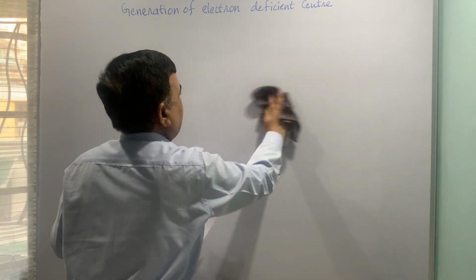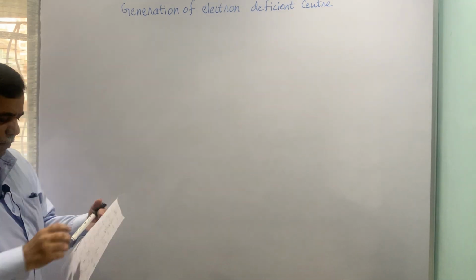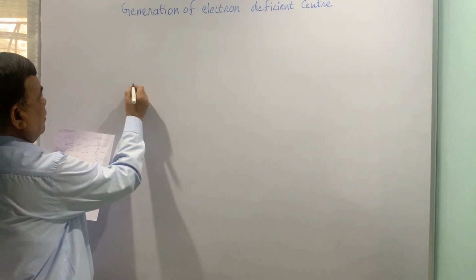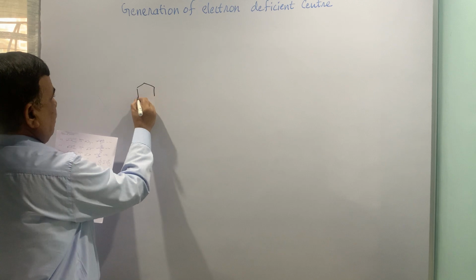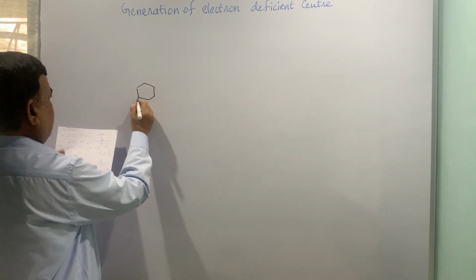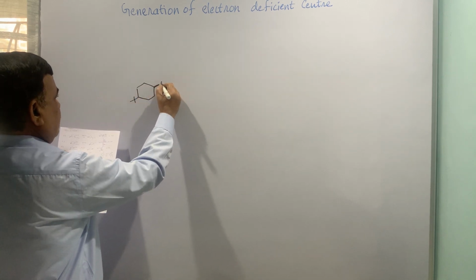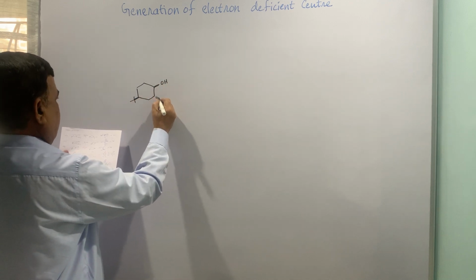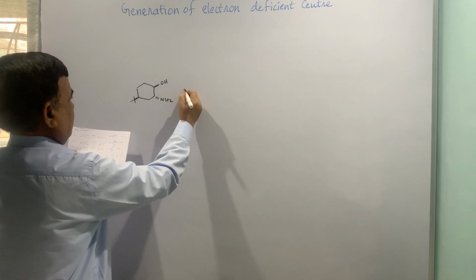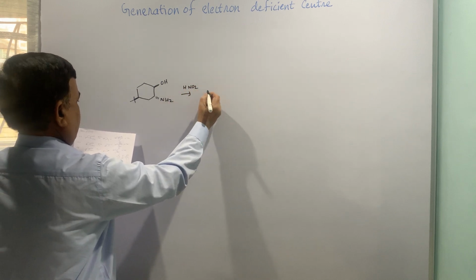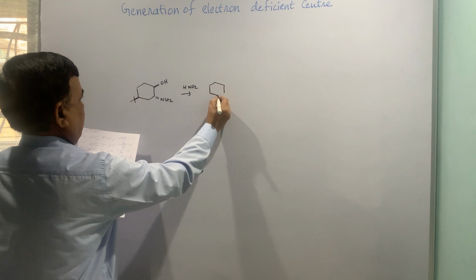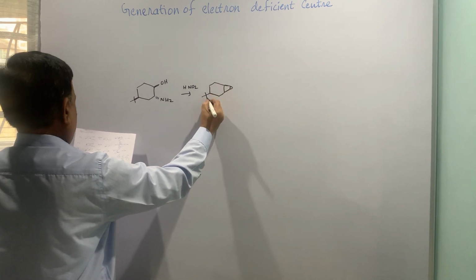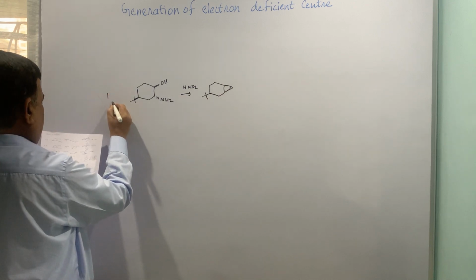Maybe 1 or 2 more examples, or let me give some examples to you for practice. This is beta, this is also beta, this is HNO2. This is one example.